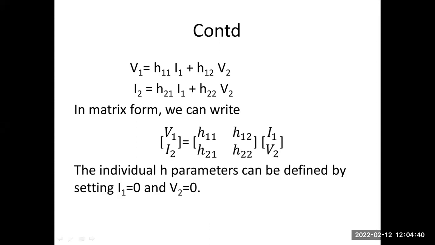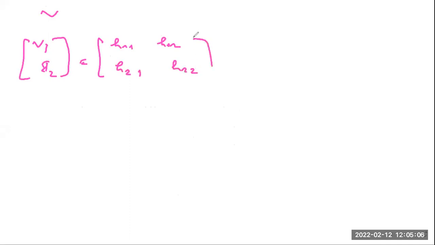So V1 and I2 are expressed in terms of I1 and V2. In short form, it is H11, H12, H21, H22, and this is expressed in terms of I1 and V2.